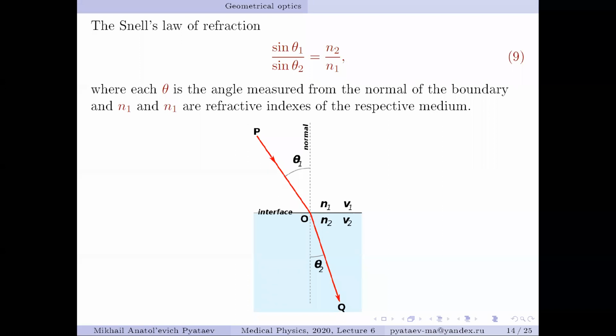So in various substances this speed is smaller, and the ratio of the speed in vacuum to the speed in the substance is called the refractive index. And if the light goes from one substance with refractive index n1 to a substance with refractive index n2, then for the angles of refraction we have this relation, which is called Snell's law of refraction.